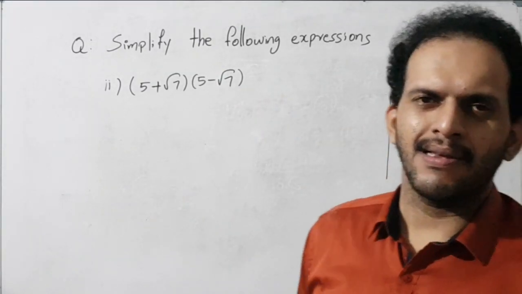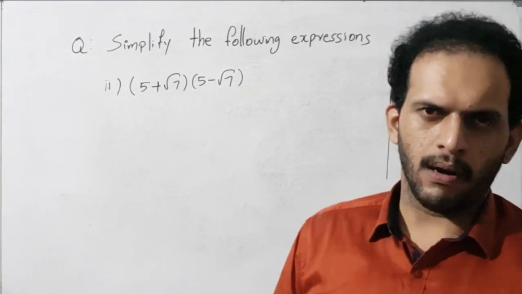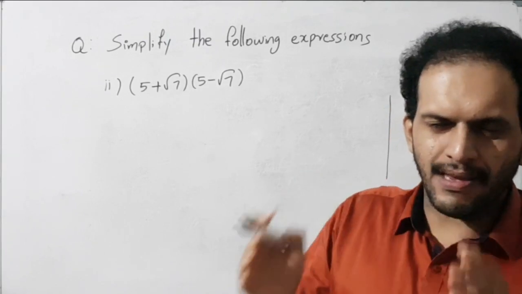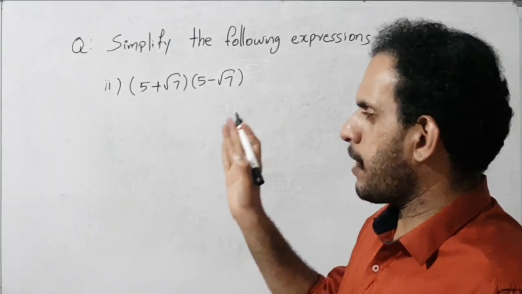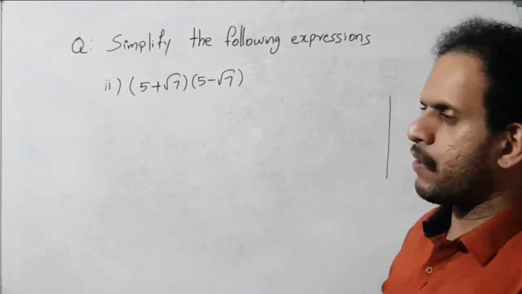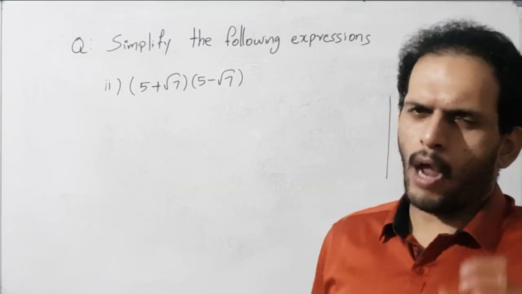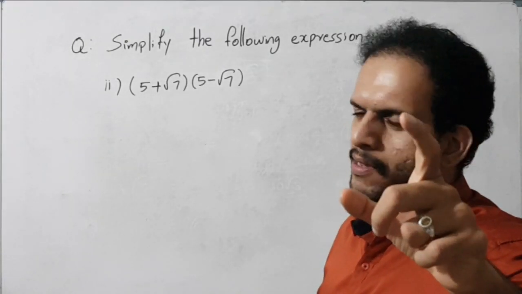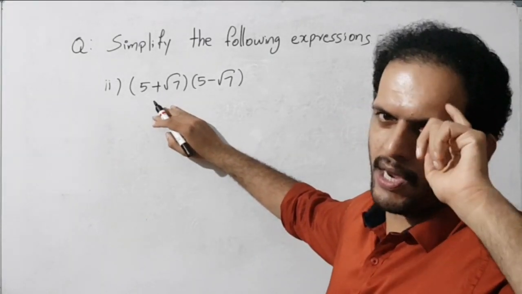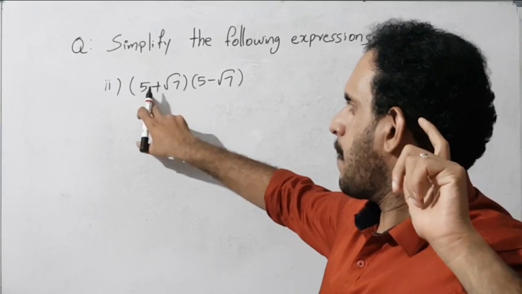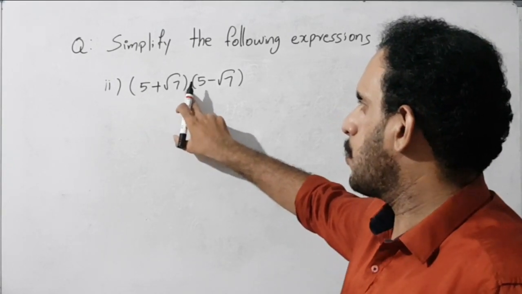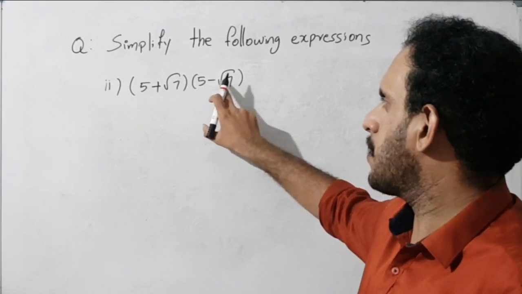Only the difference is the symbol. Now it is very clear, this one is in the form of which identity? A plus b into a minus b.